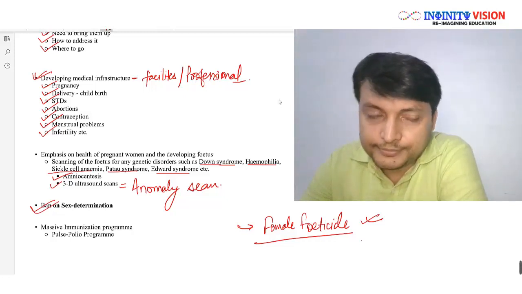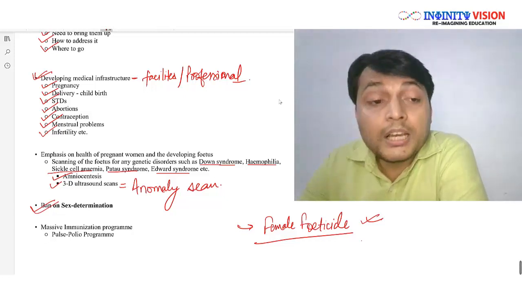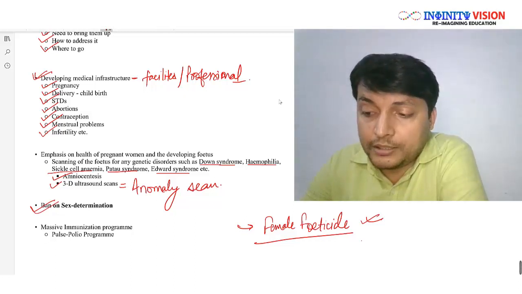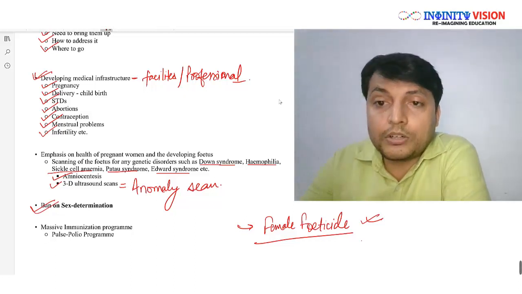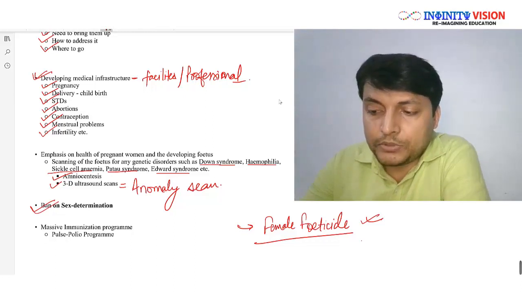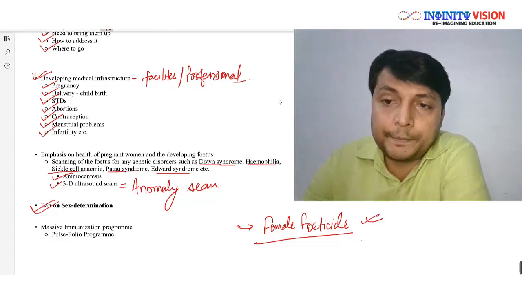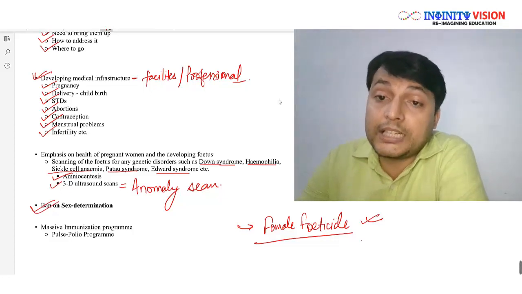Great. Now, even using ultrasound scans in later pregnancy, in the late second trimester or early third trimester, the gender of the fetus can be determined.